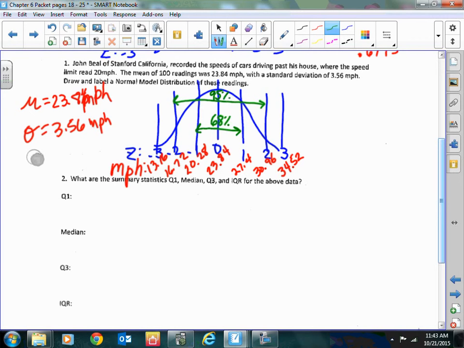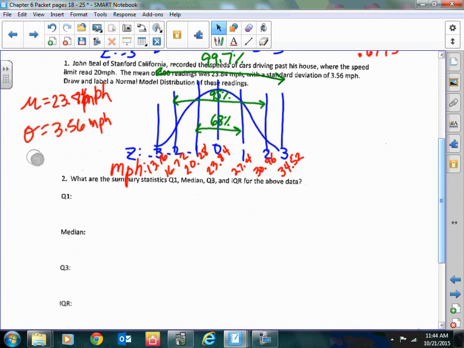Good. And then 3 standard deviations is 99.7%.